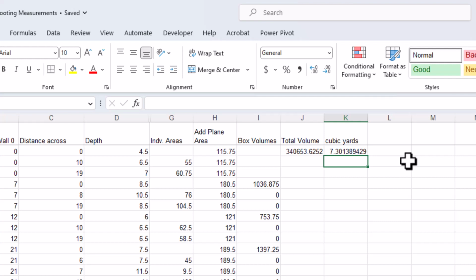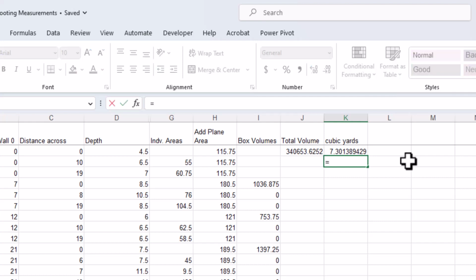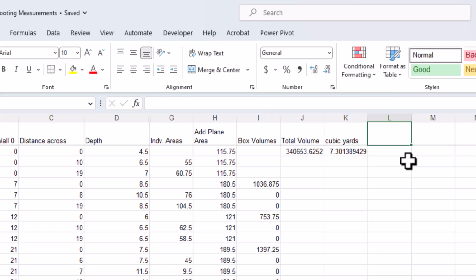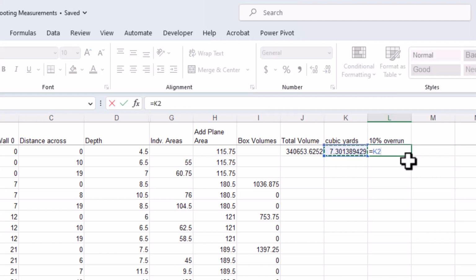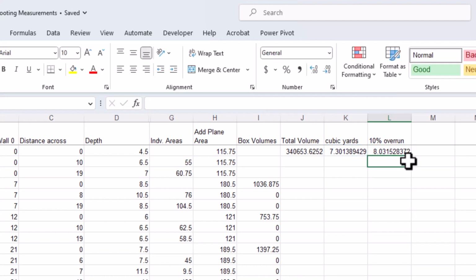I like to have a 10% overrun, so we will just keep working our way out in here. 10% overrun equals this times 1.1, and we get 8 cubic yards, which is what I ordered.